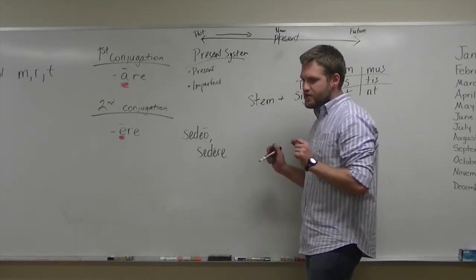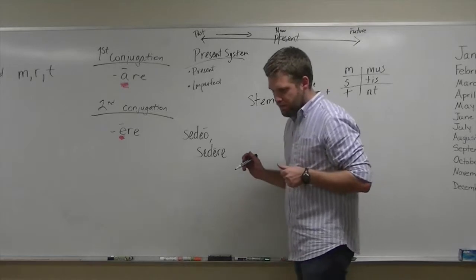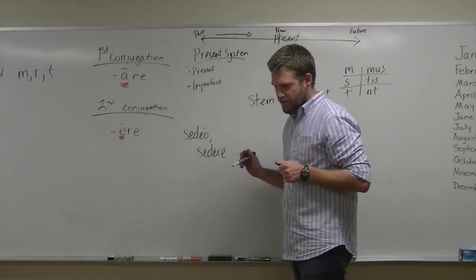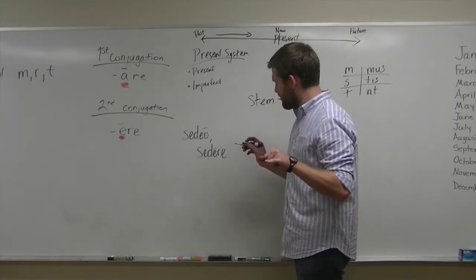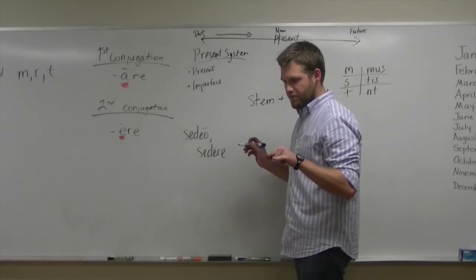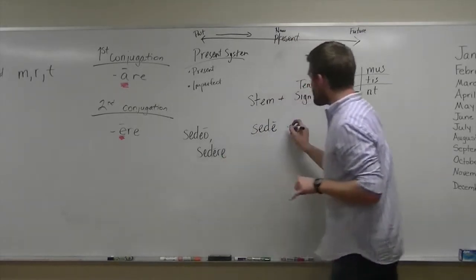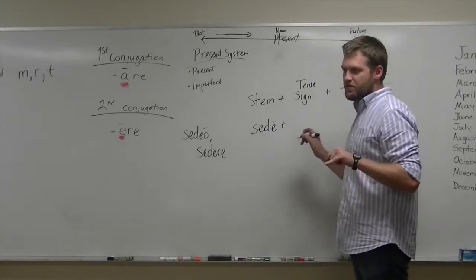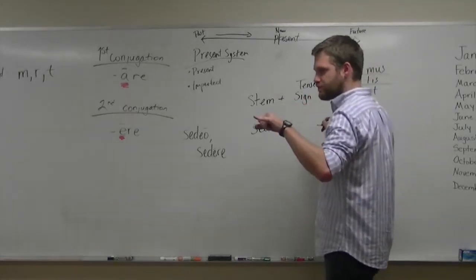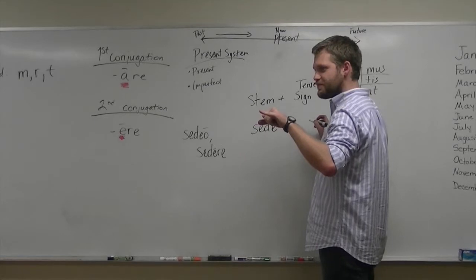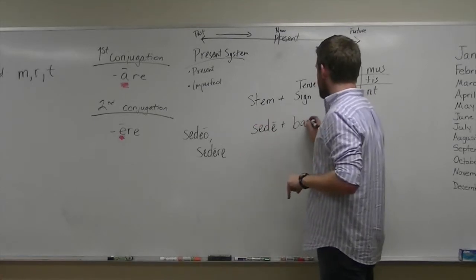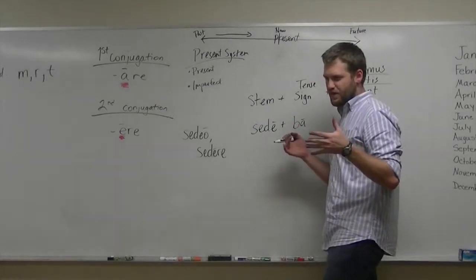Okay, Russ, what is your stem? Good, sede. Okay, what is the tense sign of the imperfect, Jay? The tense sign of the imperfect is ba. Ba, that's right. And again, what does that mean, tense sign?